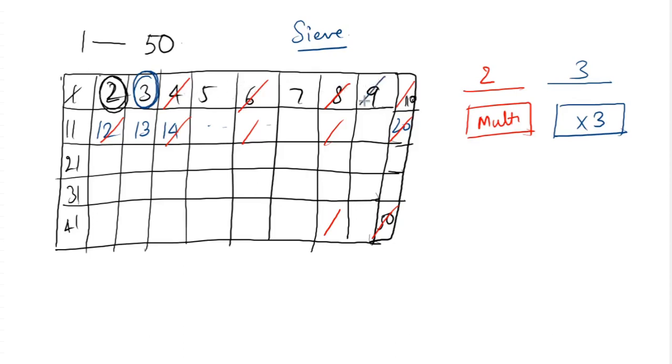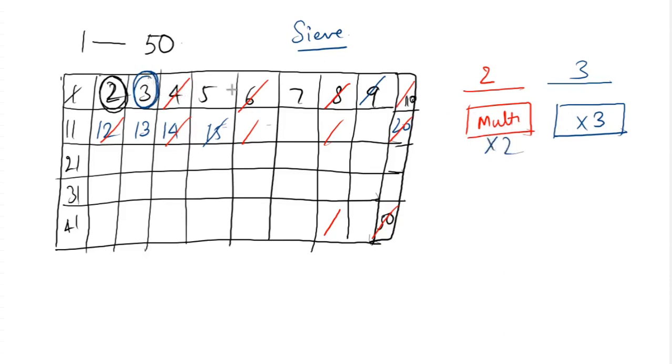Then 9, 12 is filtered out, 15 will be filtered out, 18 is already filtered out, and so on. So multiples of 2 and multiples of 3 will be filtered out.